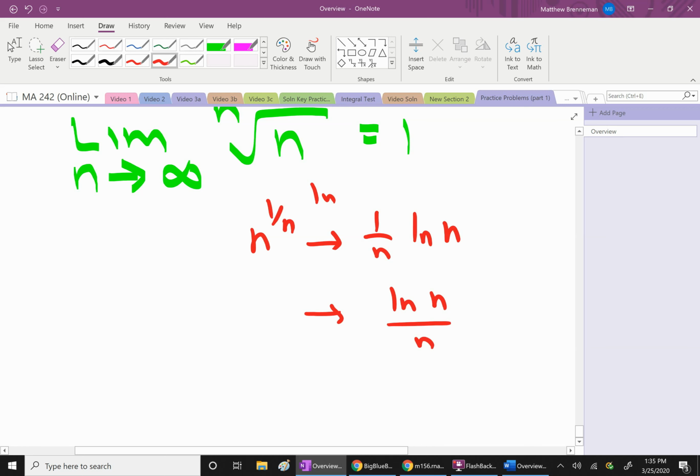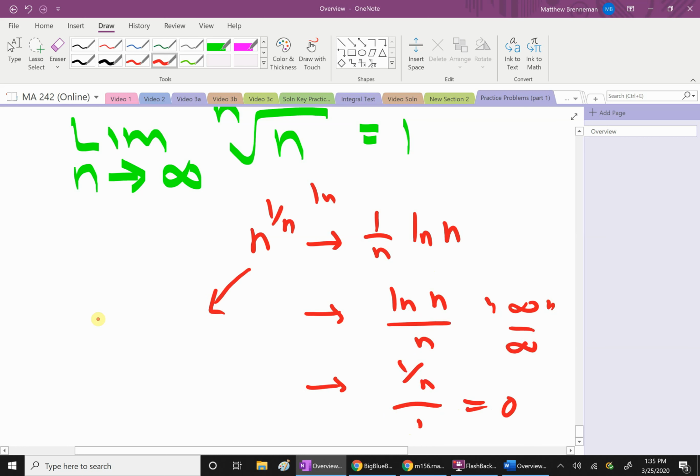So L'Hopital's rule says this is 1 over n divided by 1. The limit of this as n goes to infinity is 0, right?